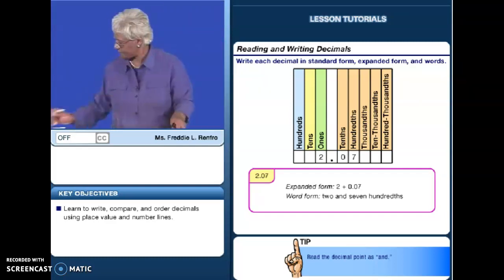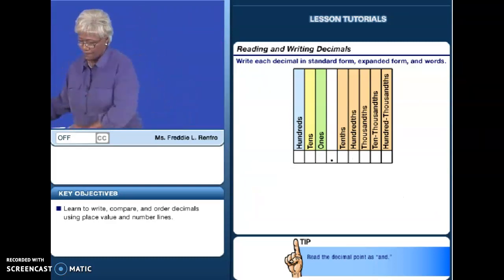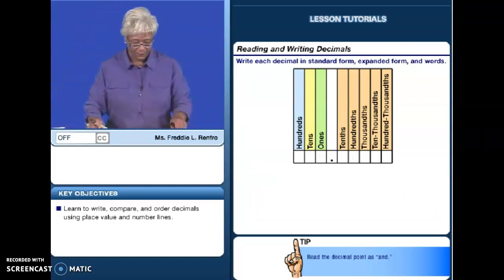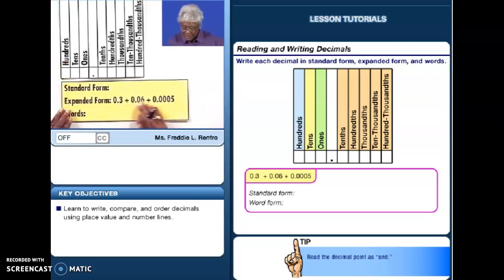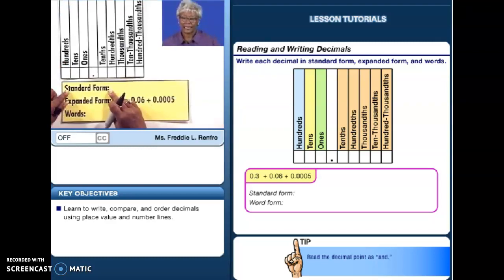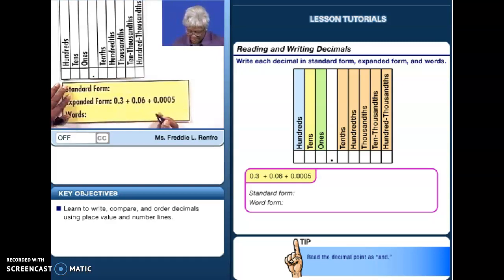Let's try another one. Now, in this example, we're given the decimal in expanded form. We're asked to write it in the standard form and then write it in words. Well, the 3 is in the tenths place.